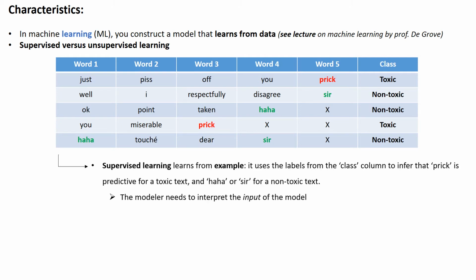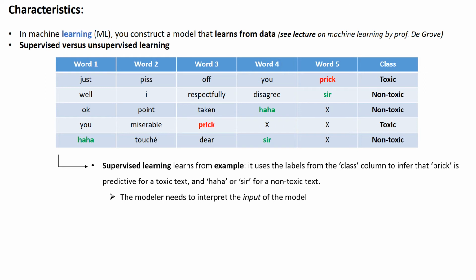So, supervised learning learns from example. In other words, it will look at the last column of our data set here, the class, and it will look for words that are predictive for a certain label. And it could infer, and it will infer, as a matter of fact, that the word prick is very predictive for a piece of text that is toxic.